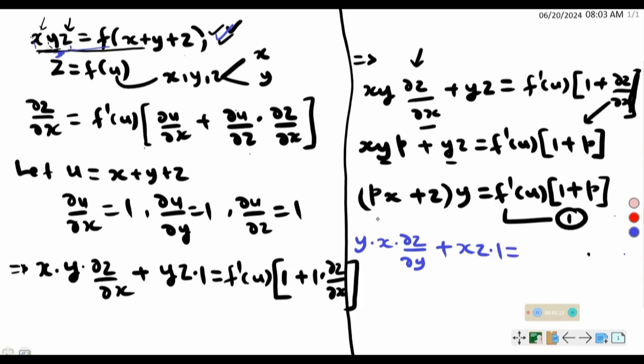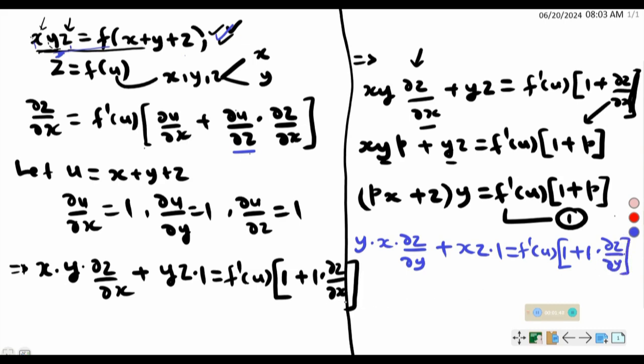This will be equal to f prime of u into del u del y, which is 1, plus del u del z, which is also 1, times del z del y.